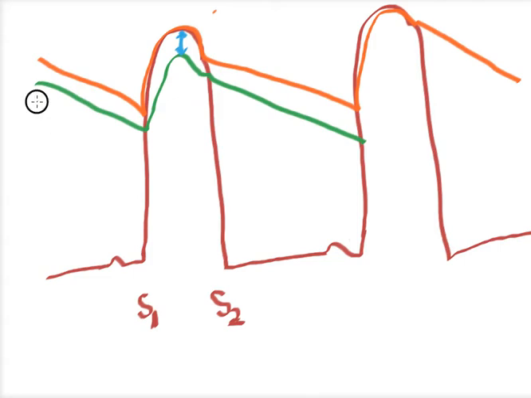Now, as we get more severe aortic stenosis, the gradient becomes more and more. And notice that I'm drawing the peaking a little bit further out because it's taking longer and longer for the left ventricle to empty. So it starts off with like a mild squeeze, and then as it gets more and more sick, it has to eject longer and longer in order to empty the left ventricle.